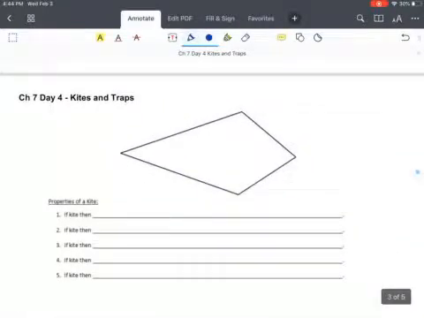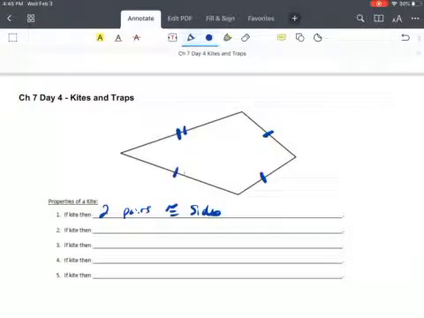Kite is my last property. When you have a kite, you have two pairs of congruent sides. So we'd have these two sides on the right, and then separately these two pairs of consecutive sides.